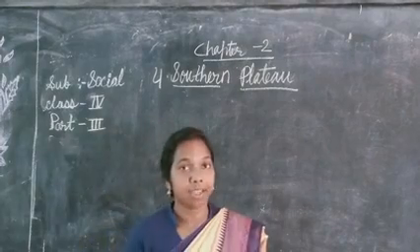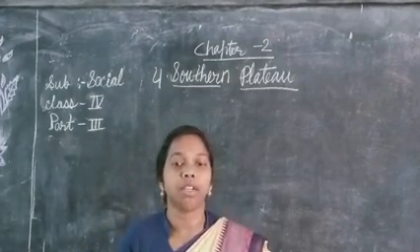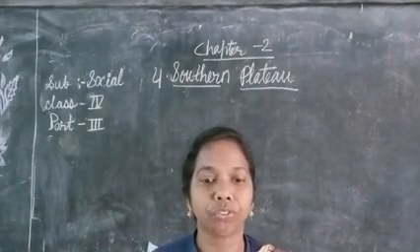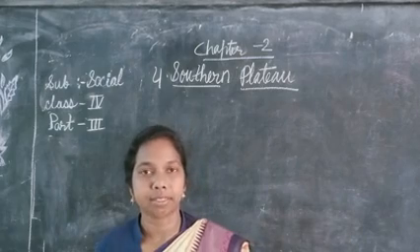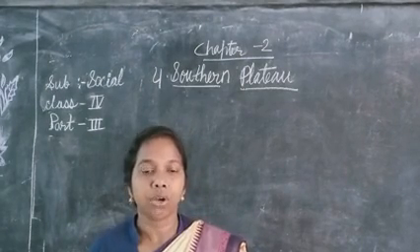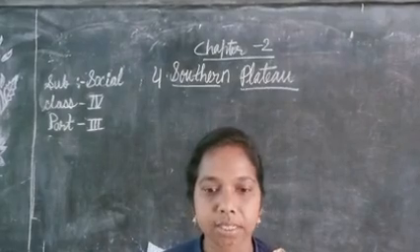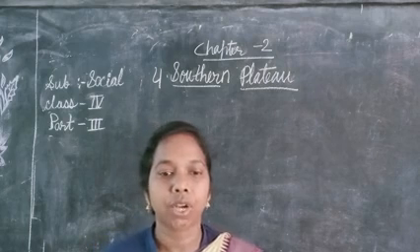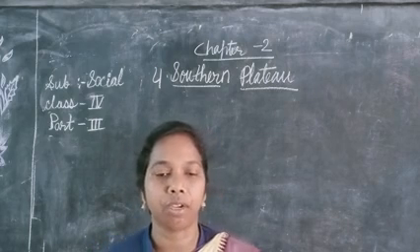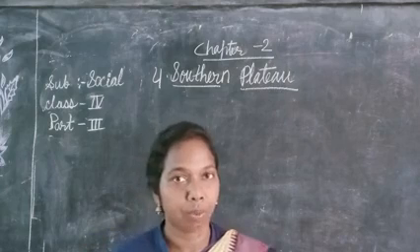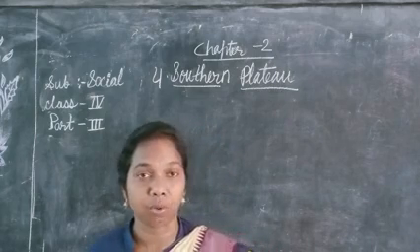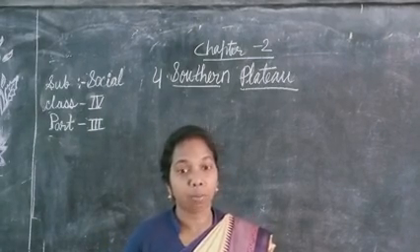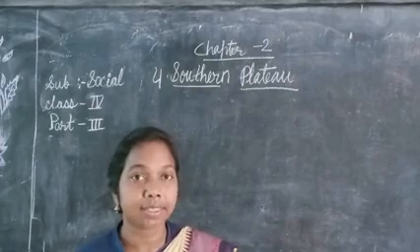It lies to the south of the northern plains and extends up to the southernmost tip of India, Kanyakumari.